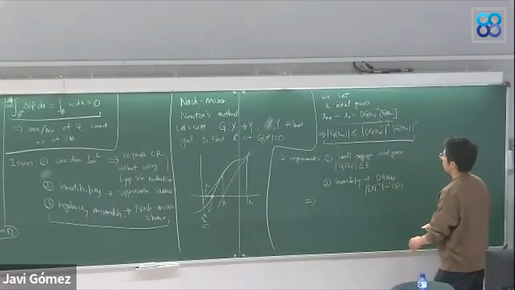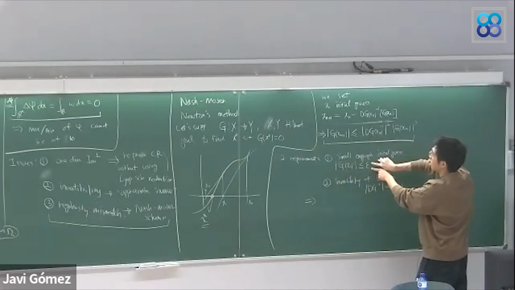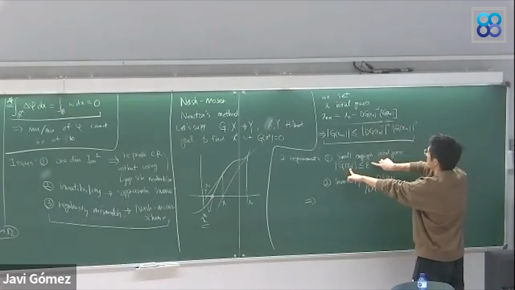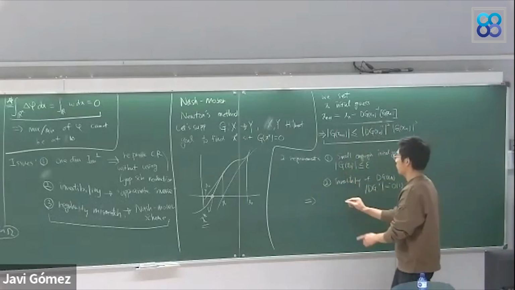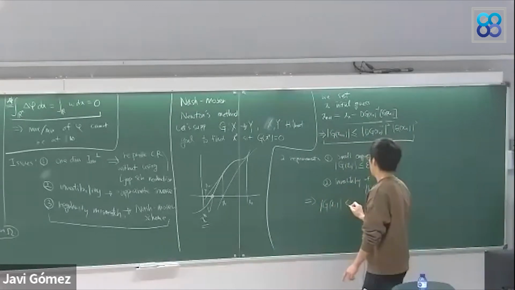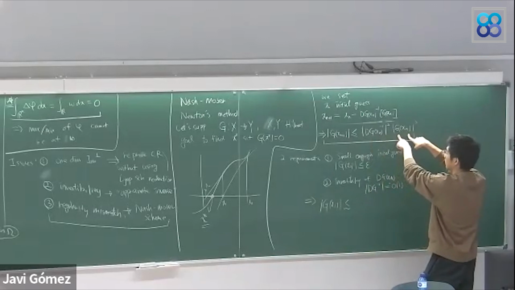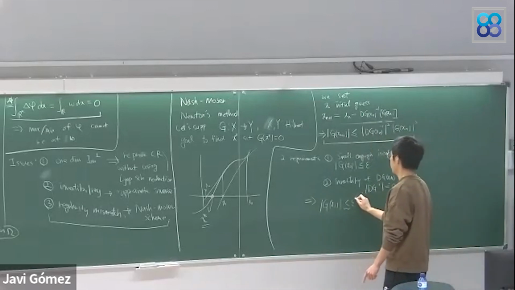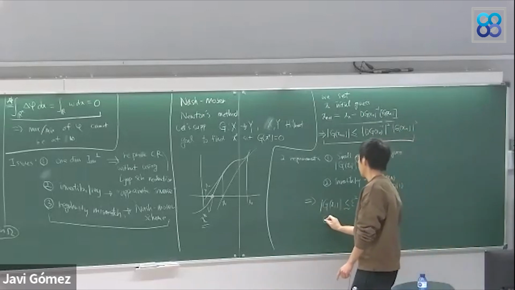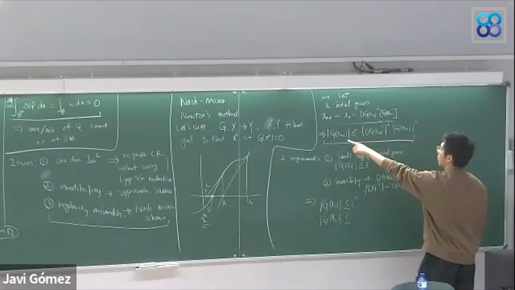Then what do we get? We have size epsilon for the initial guess, but when you update it, g of x1 is going to be, this is size 1 and this is size epsilon squared, so we get epsilon squared. Then you can do the same thing for the value of g at the next approximate solution.